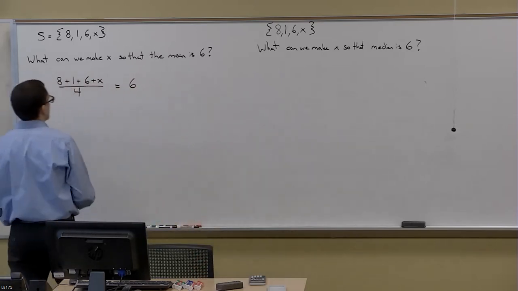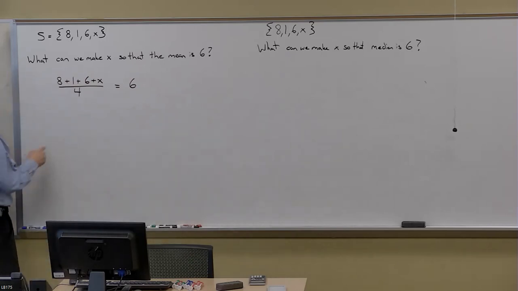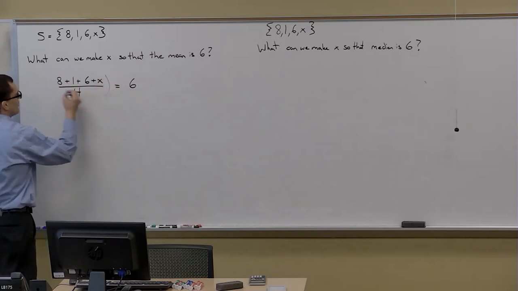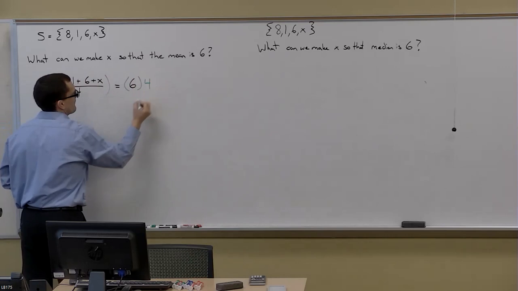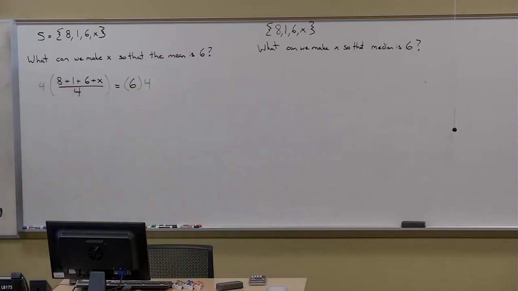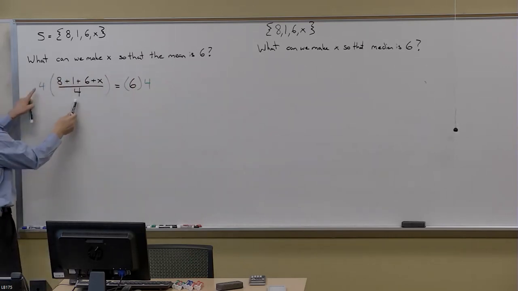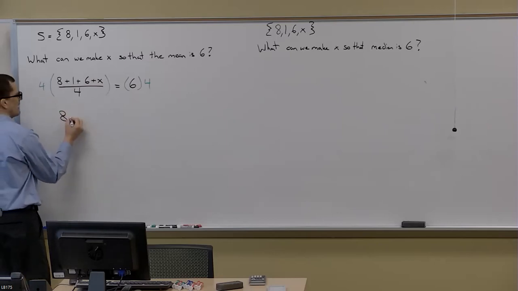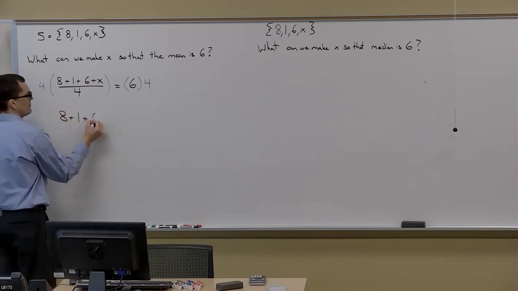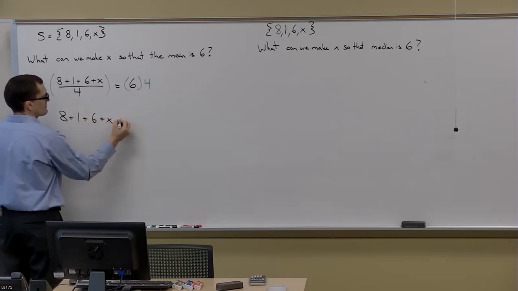Just like last time, the first thing I want to do is get rid of that 4. So I have to multiply both sides by the number 4. The 4 that I multiply and the 4 in the denominator cancel each other out on the left-hand side. And I get 8 plus 1 plus 6 plus x.